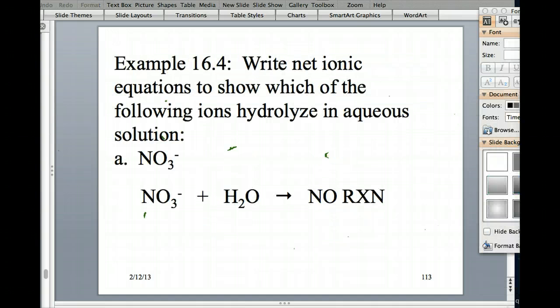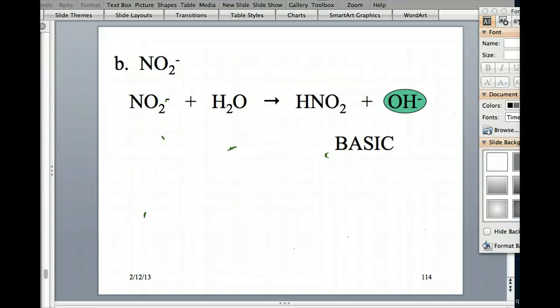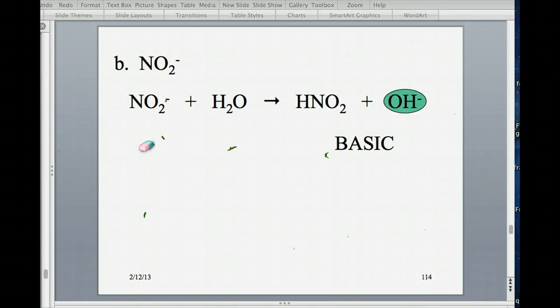All right. NO3. Well, we already talked about NO3 coming from HNO3, so it doesn't do anything. So it's a no reaction. So if they wanted a net ionic for the hydrolysis reaction between NO3 and water, there you have it. You don't get one because there isn't one to write. NO2, on the other hand, is different. NO2 came from HNO2, which is not one of our 6 or 7 strong acids.